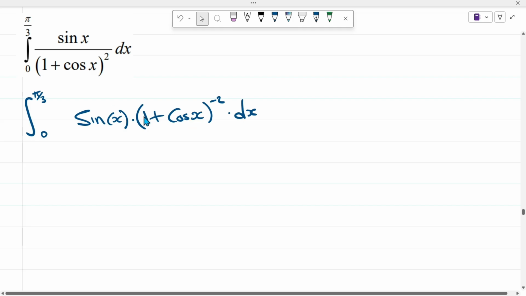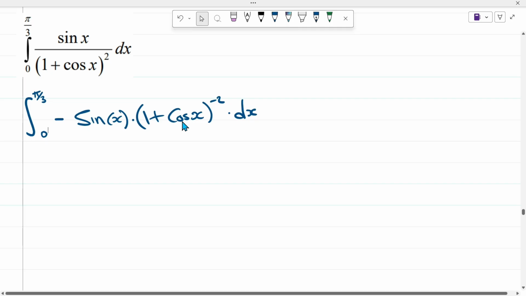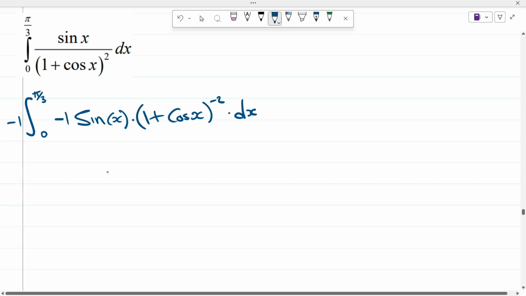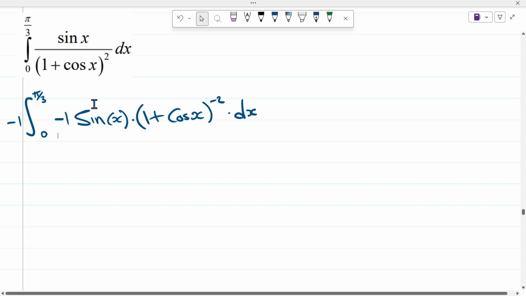Yes, but it's incomplete because the derivative of 1 plus cos x is minus sine x. So we don't have the minus. But since we didn't have this minus, we should put the minus outside so that we don't change the equation. Then from here, we make use of the derivative of that function and use the general power rule to do that.